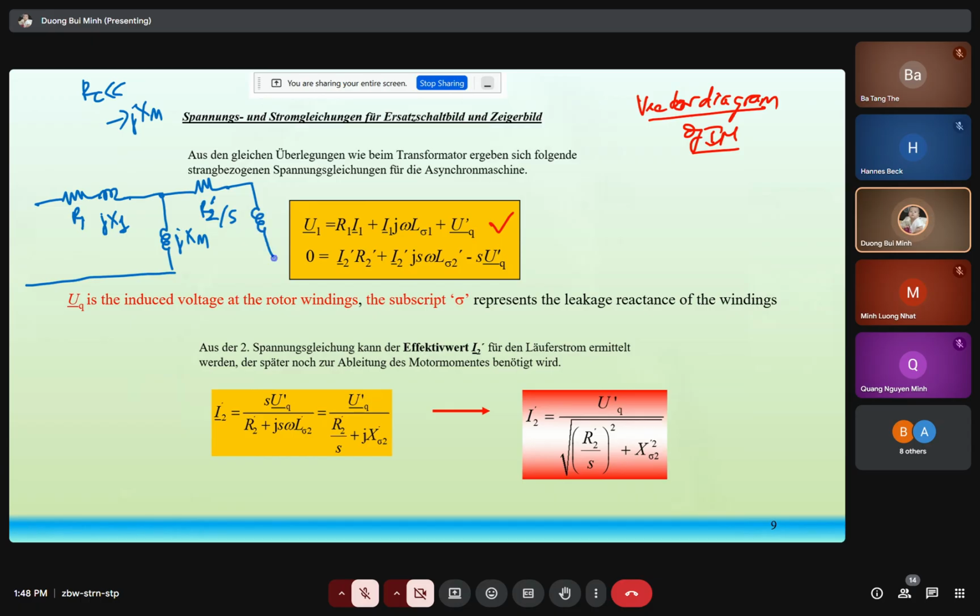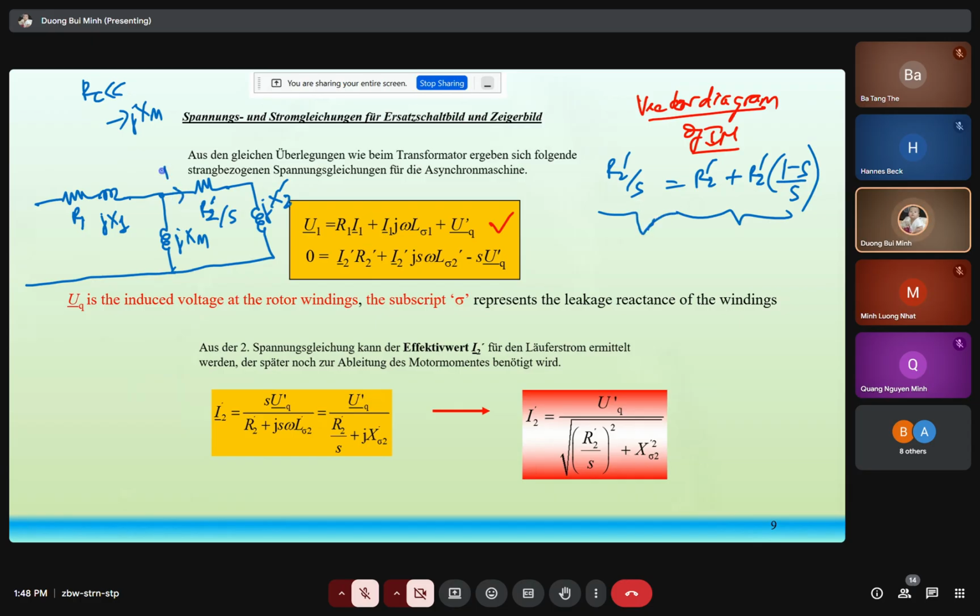And this one is jX2'. Sometimes I use R2' over S, or sometimes I say R2' plus R2' times (1 minus S) over S. It depends, but they have the same meaning, right?